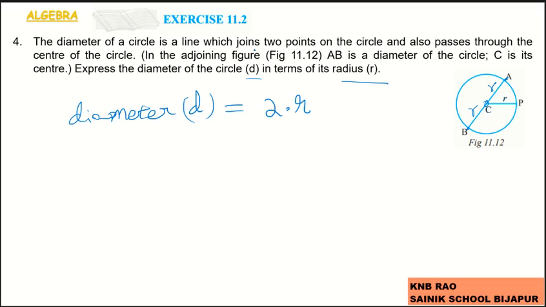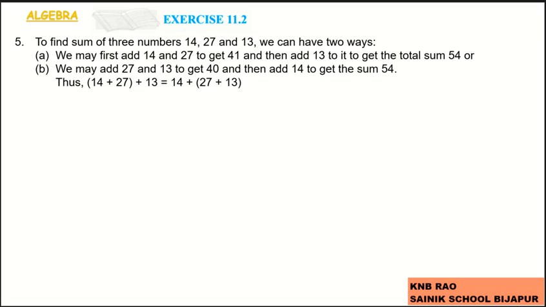Now coming to main question 5. To find the sum of three numbers 14, 27, 13, we can have two ways.